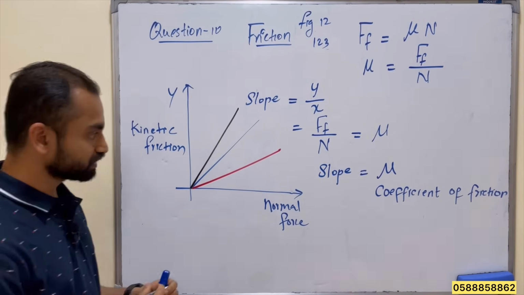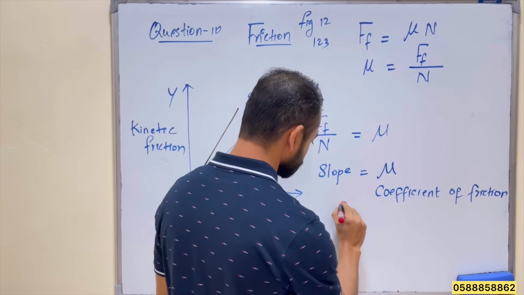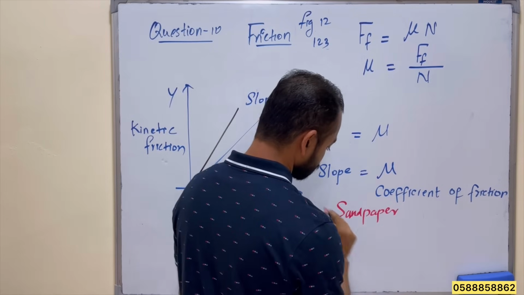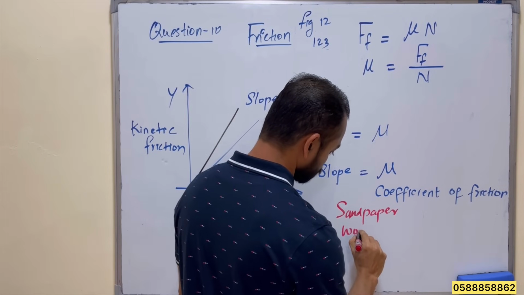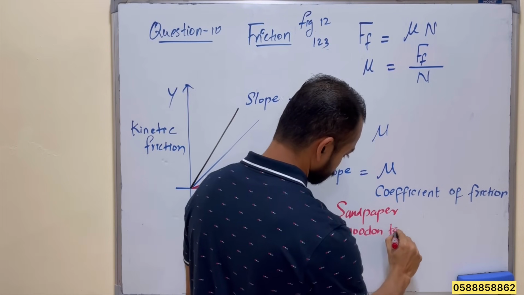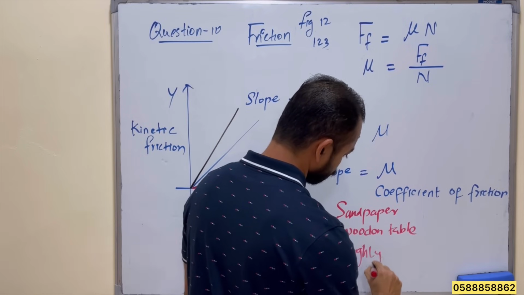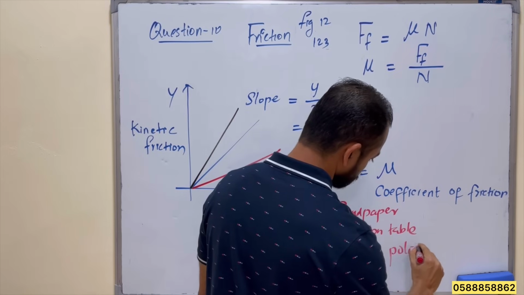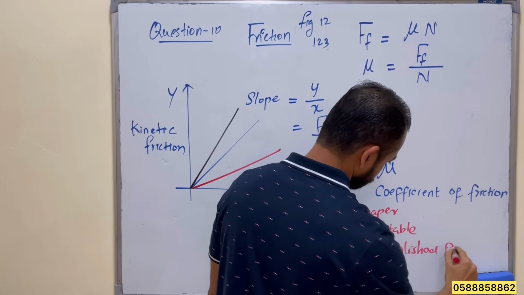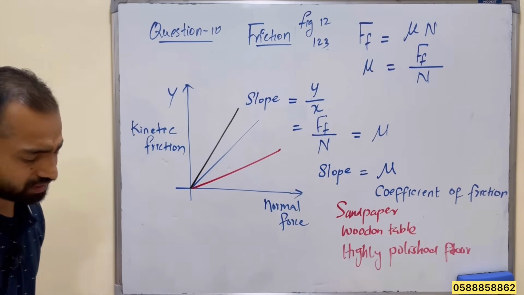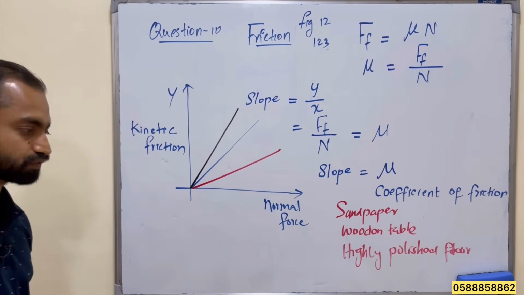So which graph will be sandpaper? Which one is representing the wooden table? Which one is representing the highly polished floor? The one that is very smooth has very little friction, right?